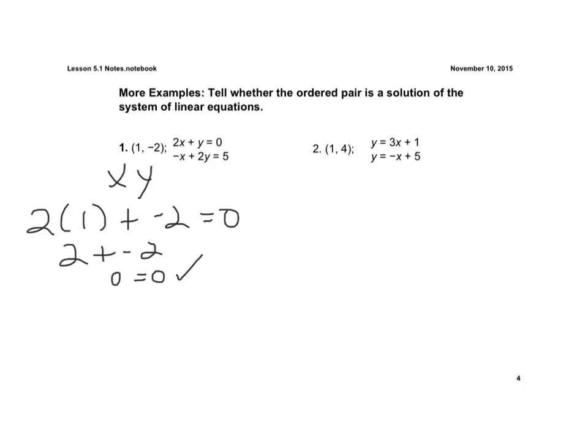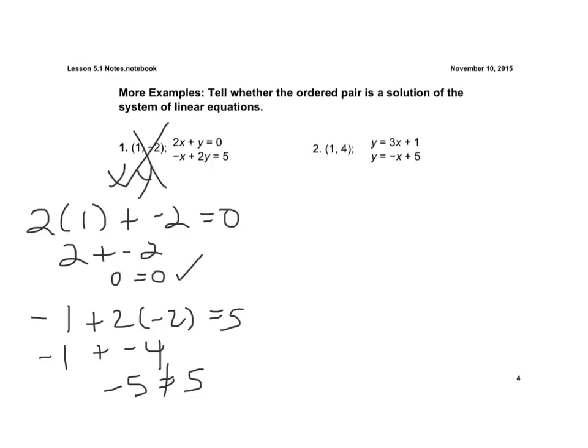Now I plug it into the next one. The opposite of x, which is 1, plus 2 times negative 2 is supposed to equal 5. Well, negative 1 plus negative 4 is negative 5, which does not equal 5. So that does not work, so this is not a solution.